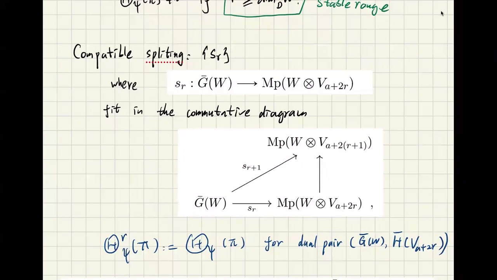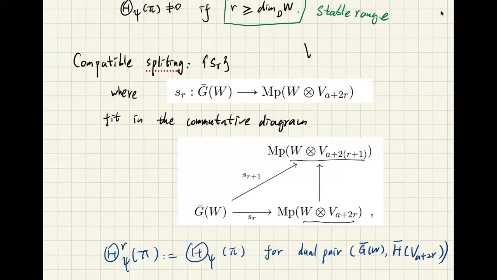Because W tensor V_{A+2R+1} can be thought of as W tensor V_{A+2R} plus W tensor H, this one can be viewed as a subgroup of the metaplectic group above.